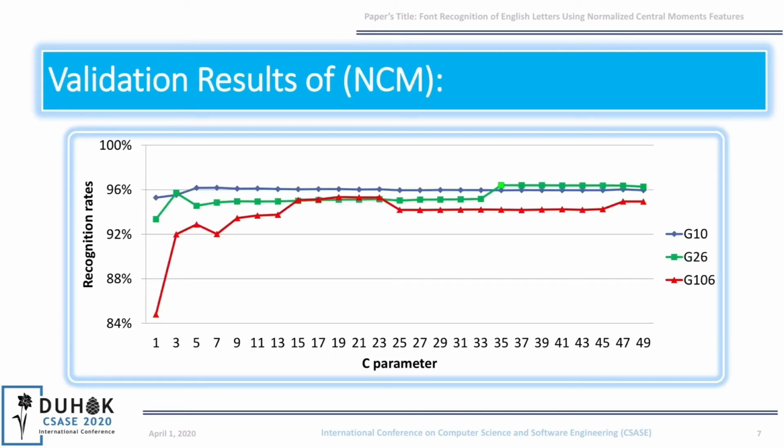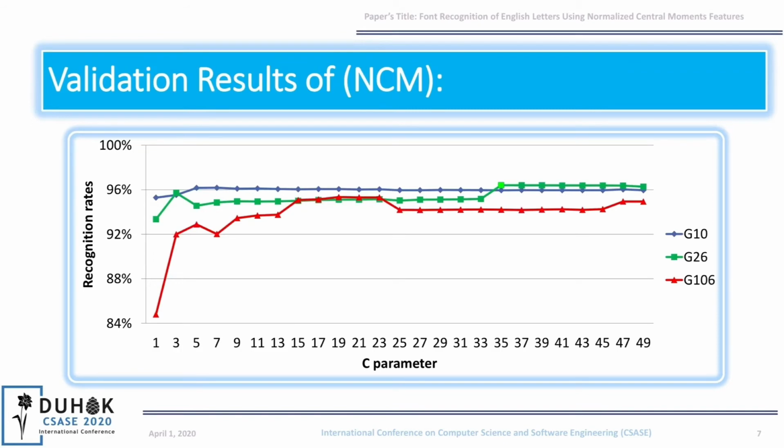In the validation, 75 experiments for various trials have been done depending on the values of the C and gamma parameters of SVM with RBF kernel. We arbitrarily chose three gamma values: 1 over 10, 1 over 26, and 1 over 106, where 1 over 10 is denoted by G10, and the same for the others.